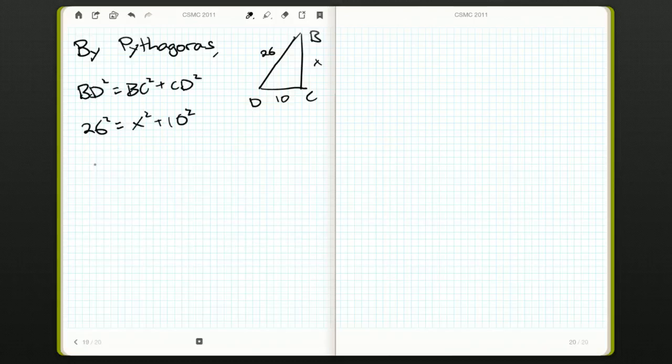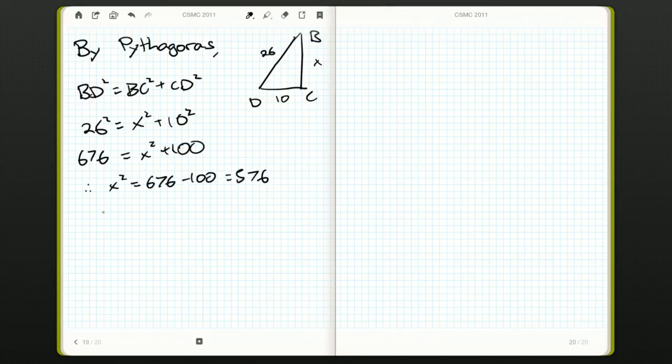Okay, well, what's 26 squared? It's going to be 676. x squared plus 100. So x squared is going to be 676 minus 100, which is 576. And x will be the square root of that, and that's going to be 24.